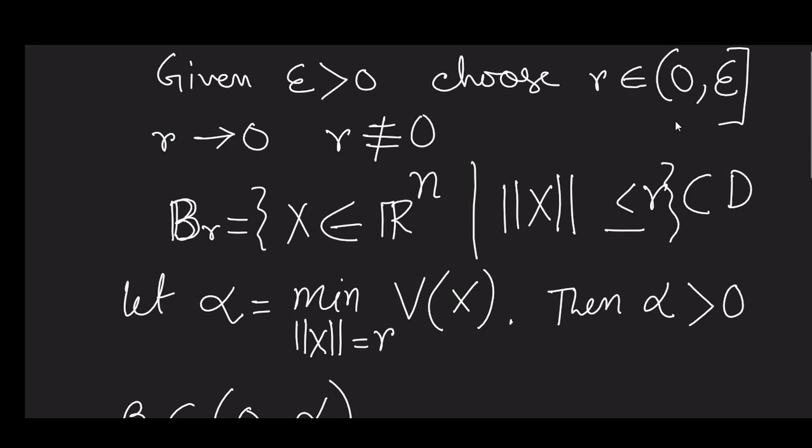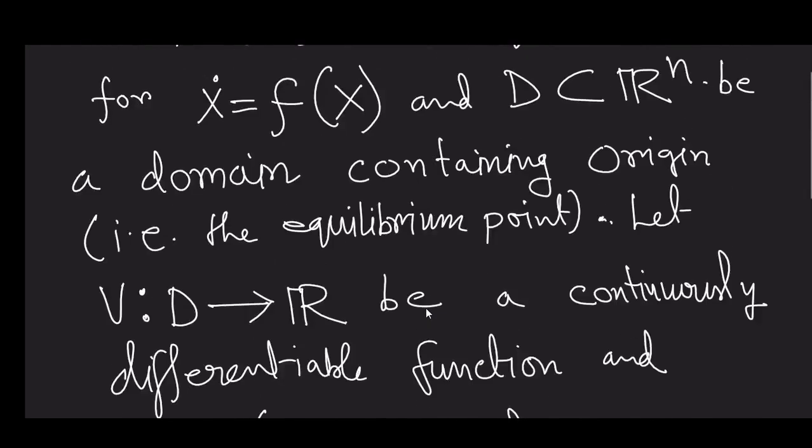If you allow r to be 0, then mod x will be 0, and then you can make alpha equal to 0 rather than alpha greater than 0, because even if it is a positive definite function, by virtue of its definition it is 0 at the origin, right?